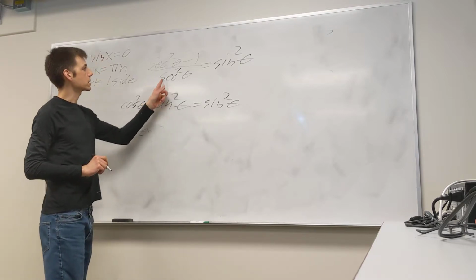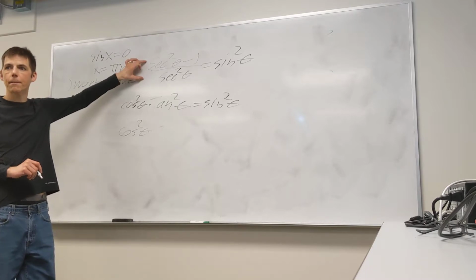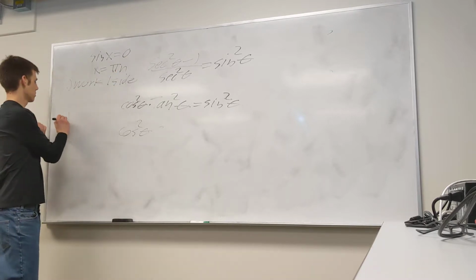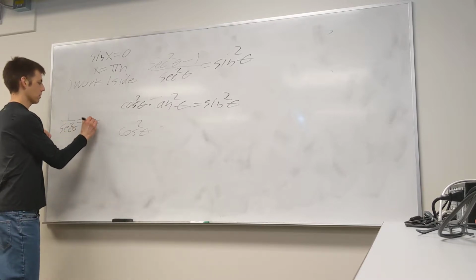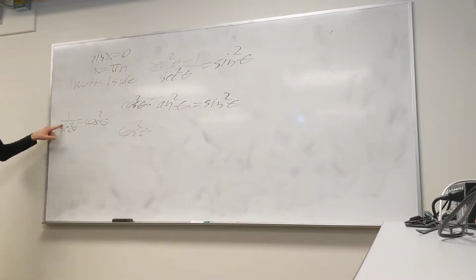Yes, but we did 1 over secant. This is 1 over secant squared, right? Oh, so you just got 1 and then cosine squared. Yeah. So 1 over cosine squared theta is secant squared, and 1 over secant squared theta is cosine squared theta, right? Yeah, just the inverse.